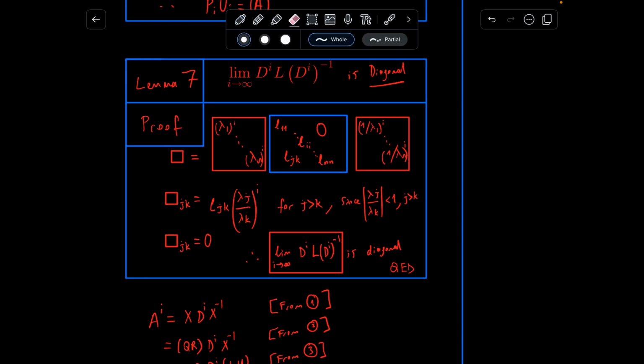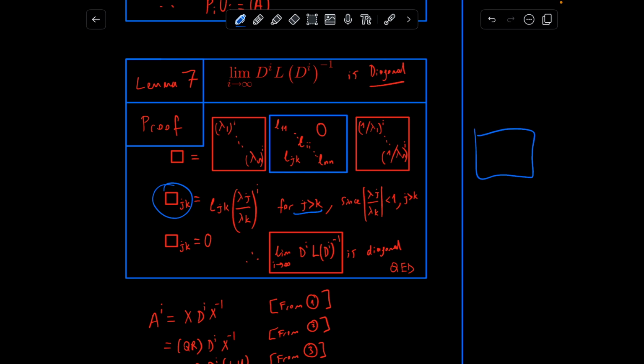Descending in terms of magnitude, because we can also consider the case where eigenvalues are complex numbers. So this is what we have for j greater than i greater than k. So that means here for j greater than, this is diagonal, this is j greater than, let's call this k.